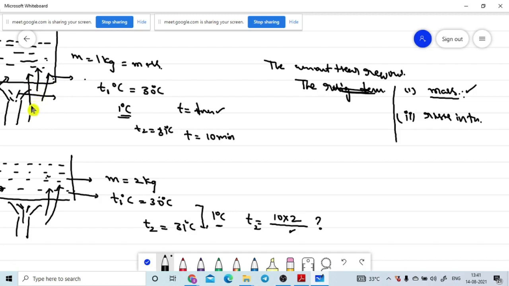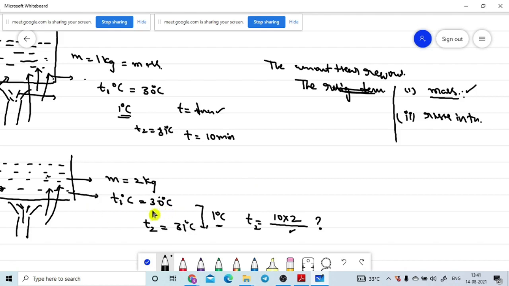Our assumption, our conclusions, are they correct? Yes, sir. So that is the goal of this small experiment. What it is telling us is the quantity of heat required.